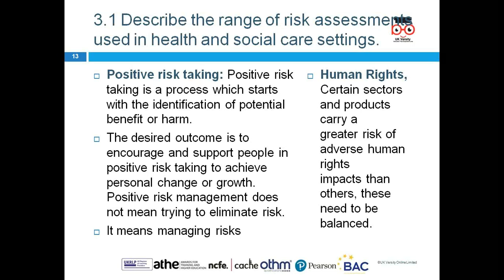And then you've got the human rights. Certain sectors and products carry a greater risk of adverse human rights impact, and these need to be balanced. If you think about the psych ward, a lot of the patients have to be restrained some of the time, depending on the severity of the situation.